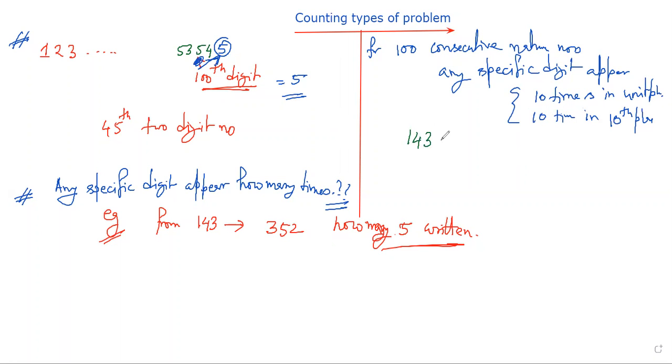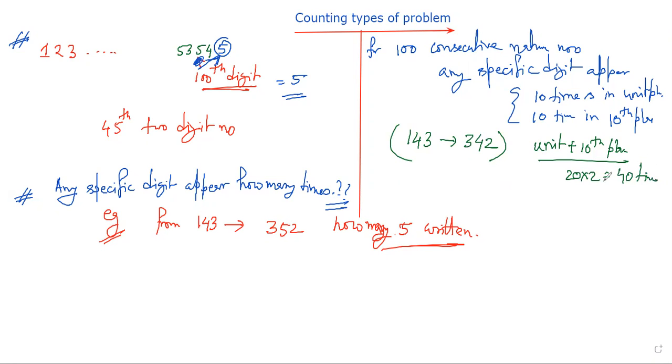From 143 till 342, if I consider this a group of 200 numbers, and consider the unit plus 10th place, these two places, any digit will be present 20 into 2, that means 40 times.